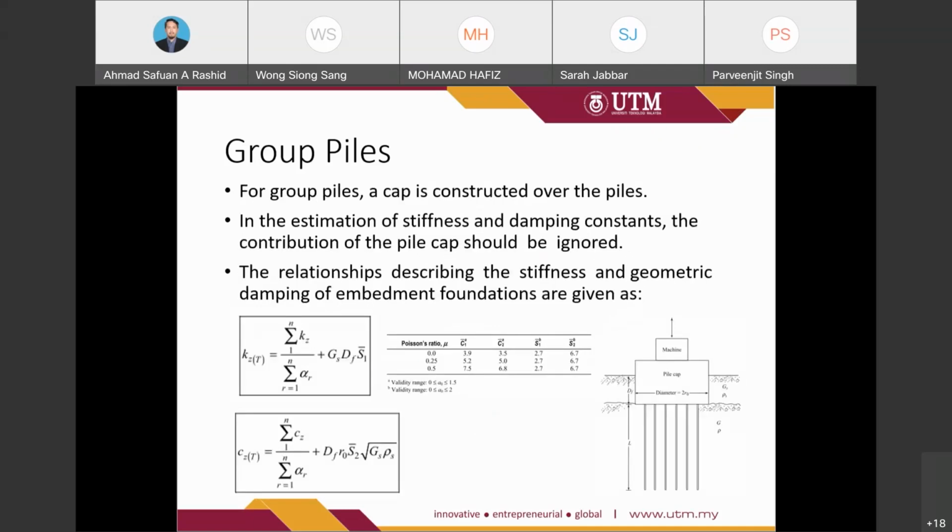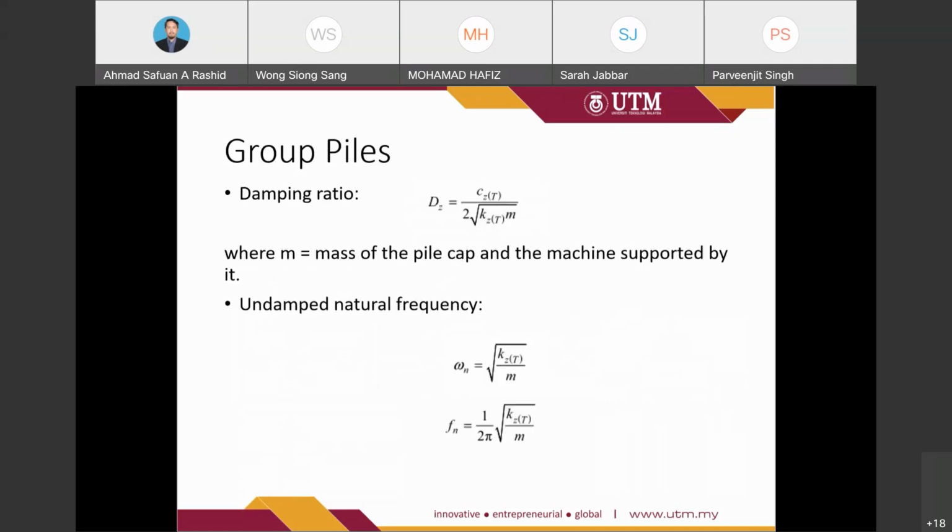Okay, so to calculate the damping ratio, we may use DZ equal to CZ over 2 square root of KZ times M, where M is the mass of the pile cap and the machine supported by it. Then another equation, which is the undamped natural frequency, omega n, fn.